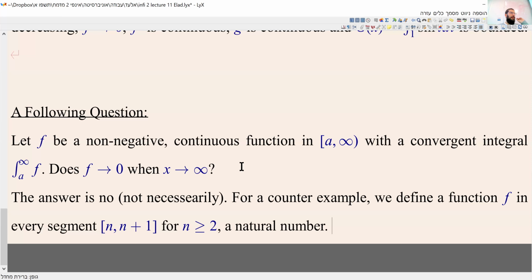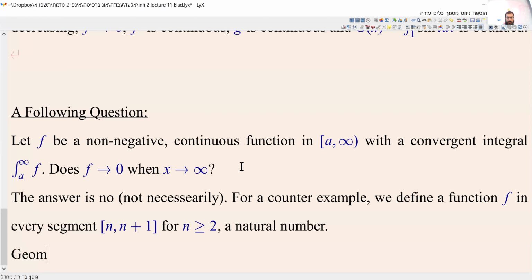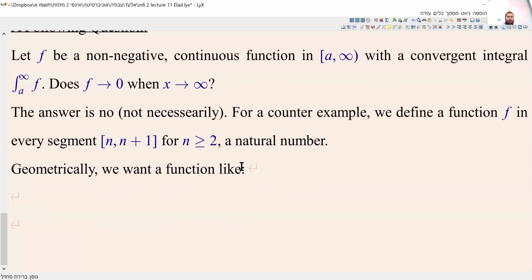First of all, geometrically speaking. Let's write it. We want a function like what I'm going to draw right now.